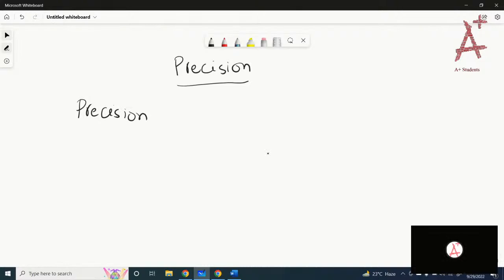Precision means how exact a measurement is. Got it?